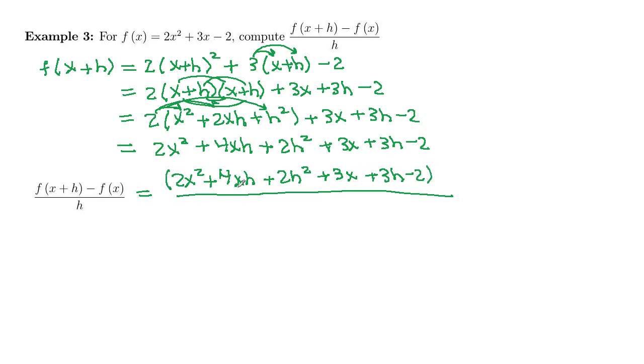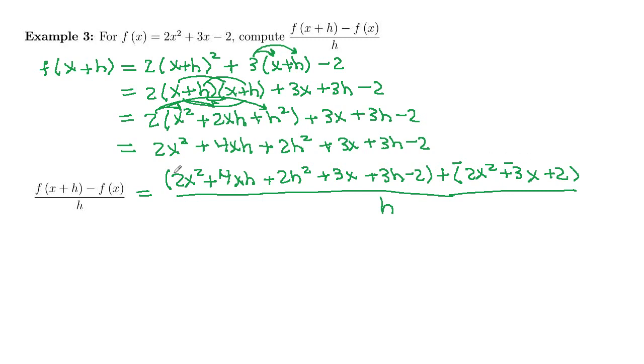And we're subtracting off f of x. So in parentheses, here's our f of x, 2x squared plus 3x and minus 2, and all over h. Now subtracting is the same as add the opposite, so I'm going to change this to an addition and then change my signs. Negative 2x squared, negative 3x, and positive 2.